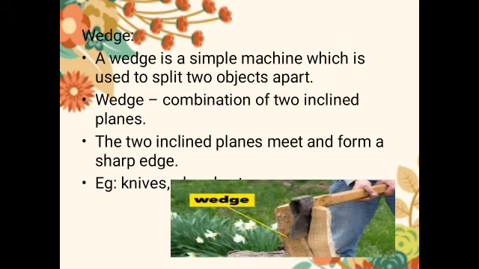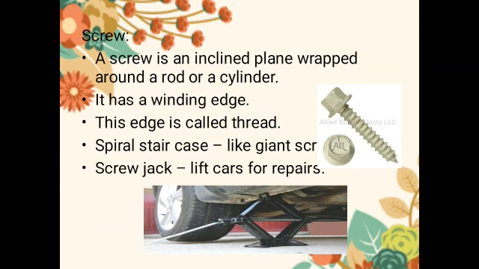It consists of two inclined planes that meet at a point. That point is very sharp, and this sharpness helps us cut down trees. So a wedge is a combination of two inclined planes. Knives are also an example of a wedge. Knife, axe, etc.